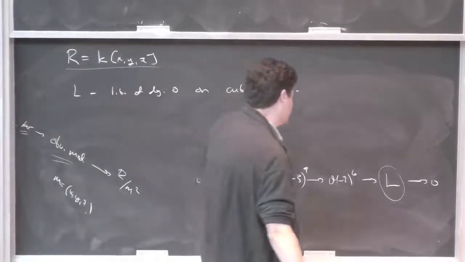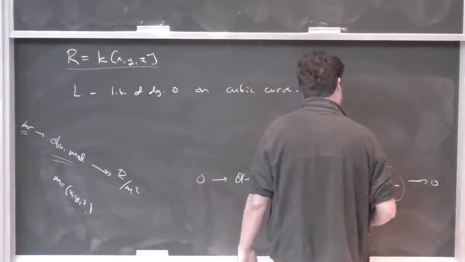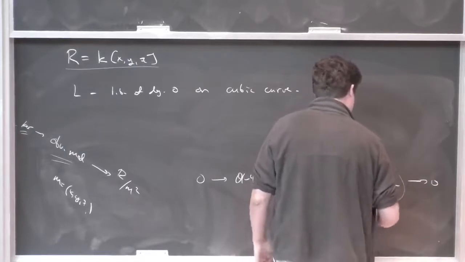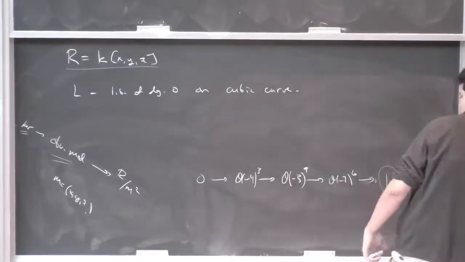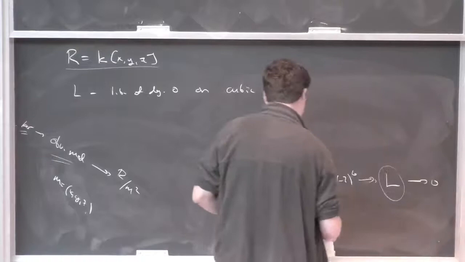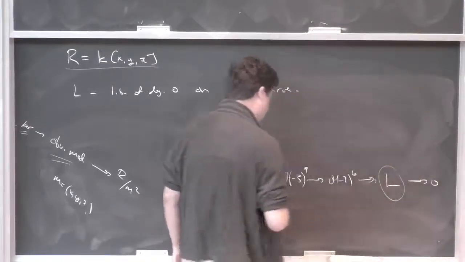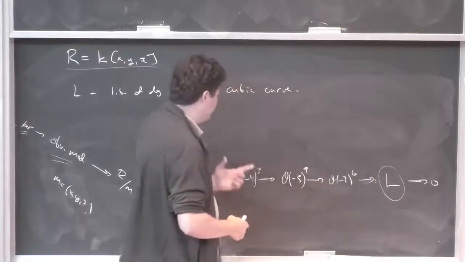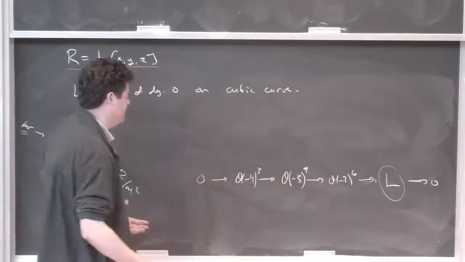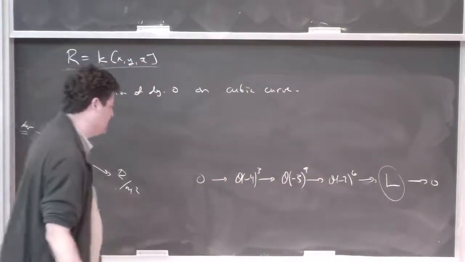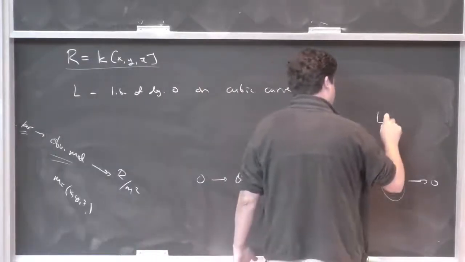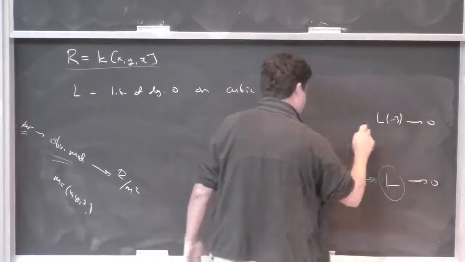And then one of you asked, how do we take the minimal resolution on Pn and turn it into a resolution on the hypersurface? What we did was we looked at L(-3) and the same resolution.